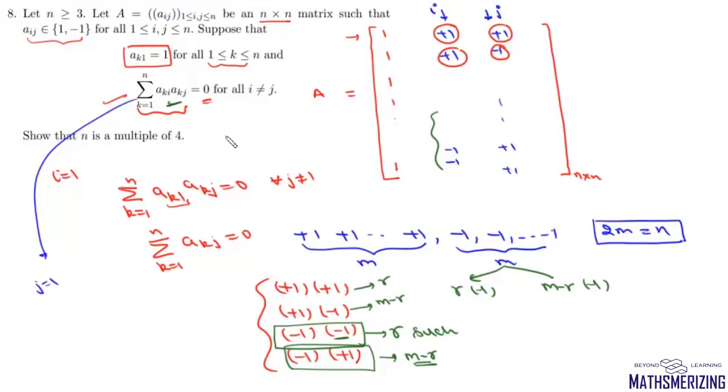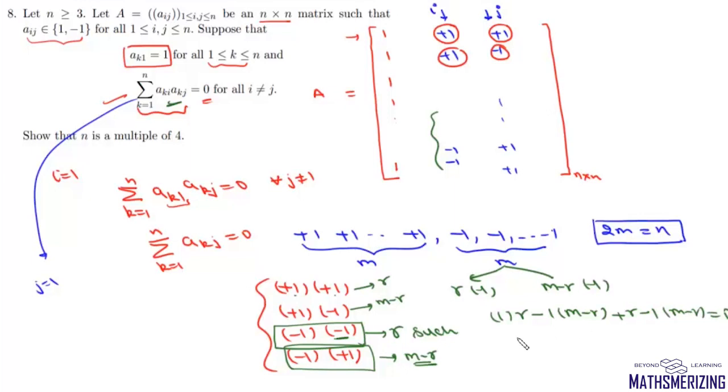Now if we add all these products, then we'll have, now this is plus 1 into plus 1, so 1 into R. Now this is minus 1, so it'll be minus 1 into (m minus R), and then again plus R, and here it'll be minus 1 into (m minus R), and again it'll be simply 0.